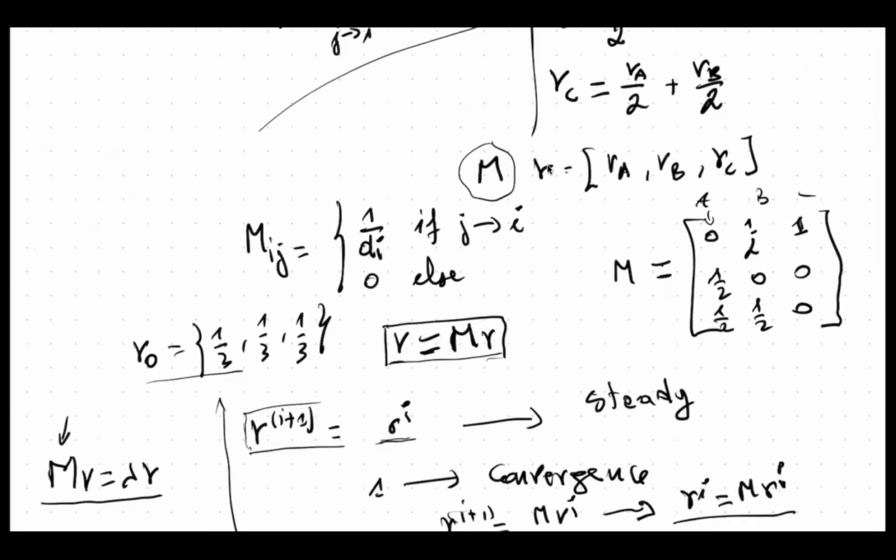So you have here, for example, the probability of going from A to A, which is 0. The probability of going from A to B, from B to A, from C to A. So those are the probabilities of moving from one node to another node.